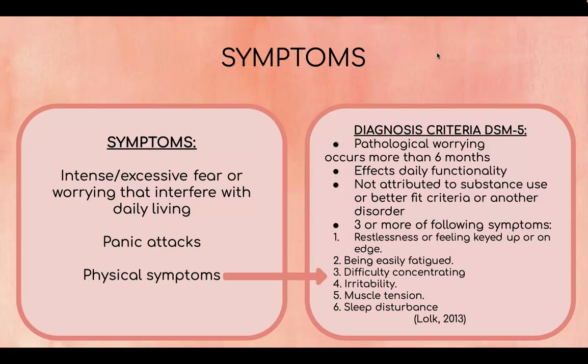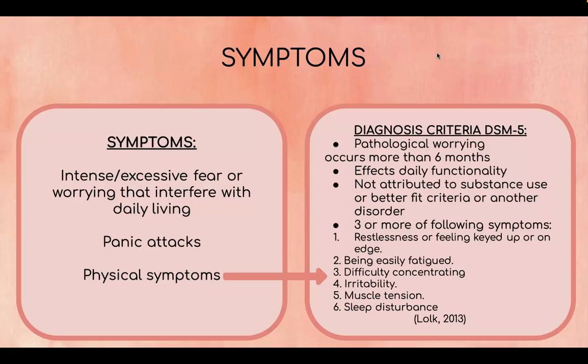And the diagnosis criteria for the DSM-5 is pathological worrying that occurs for more than 6 months. That is for adults. With children, I believe it's 1 month. It has to affect daily functionality, so this should affect somebody's day-to-day routine, their daily tasks, to the point where they can no longer function.